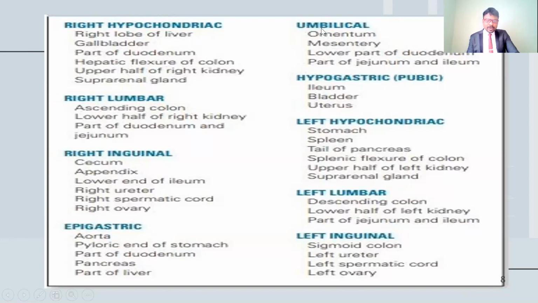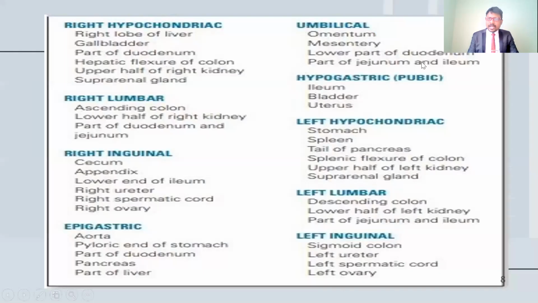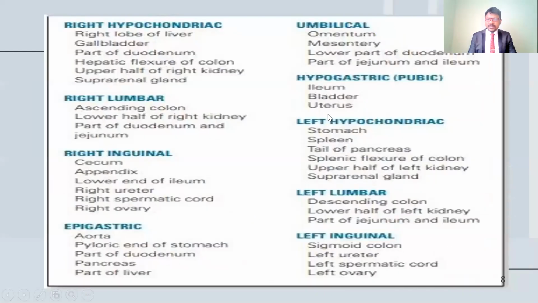These are located in the umbilical region. Coming to the hypogastric region, we find ileum, bladder, and uterus.